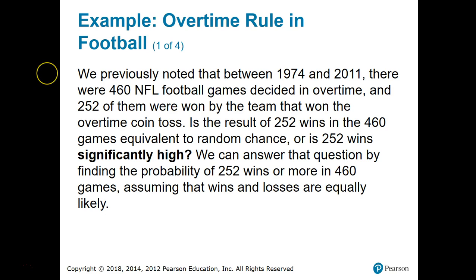Alright. Let's take a look at this one. As previously noted, between 1974 and 2011, there were 460 NFL games decided in overtime, and 252 of them were won by the team that won the overtime coin toss. Is the result of 252 wins in 460 games equivalent to random chance, or is 252 wins significantly high?